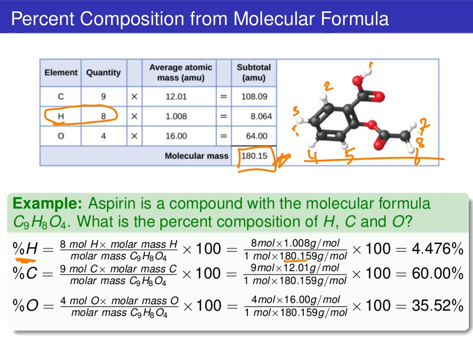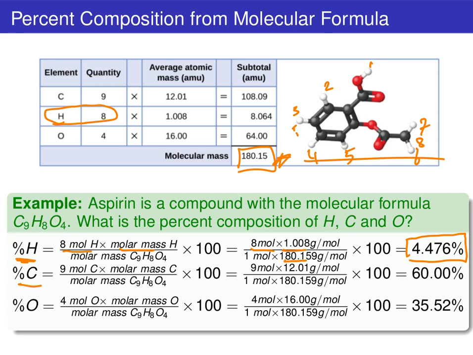There's 8 of them. So the molar mass of 8 hydrogens needs to be included in the numerator. You take the molar mass of hydrogen multiplied by the number of hydrogens, 8 times 1.008. Take this ratio, multiply by 100, and we find that aspirin is approximately 4.476% hydrogen.